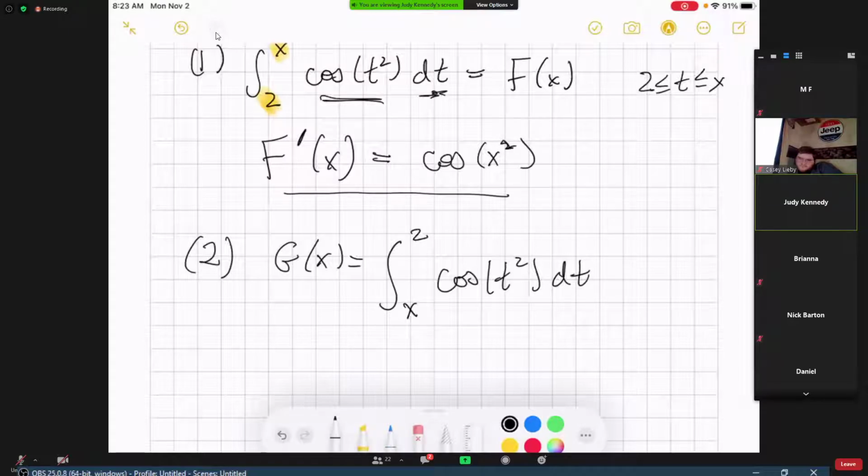Well, now the constant is the top number and x is the bottom number. X is the variable for capital G. So when it's in this form, I can't use the fundamental theorem yet. But what can I do?